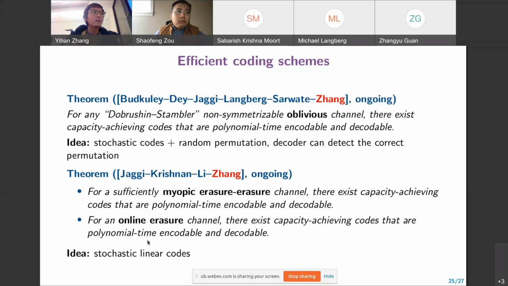Here, the erasure case is easier because, as a component, we have used a lot of list decoding results in these theorems. Efficiently list-decodable codes for errors or other more general error patterns are actually not known. But for erasures, this is trivial, because encoding is just matrix-vector multiplication and decoding is just solving linear systems. So the erasure case is kind of easy, but I guess we can't push too far from that. So that's basically the frontier.